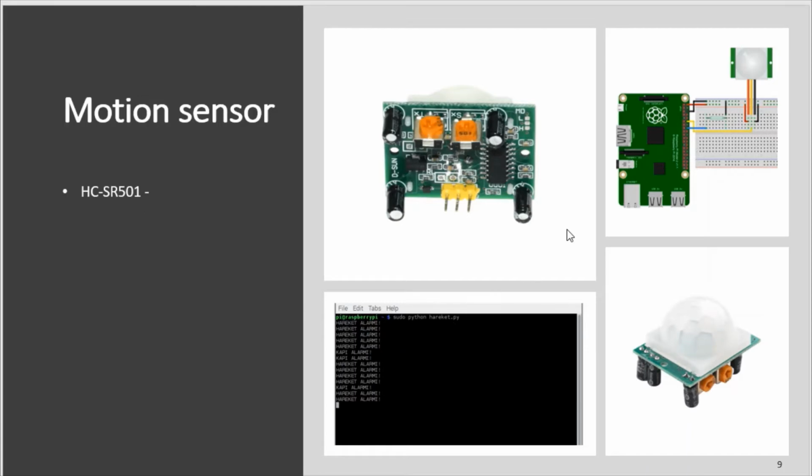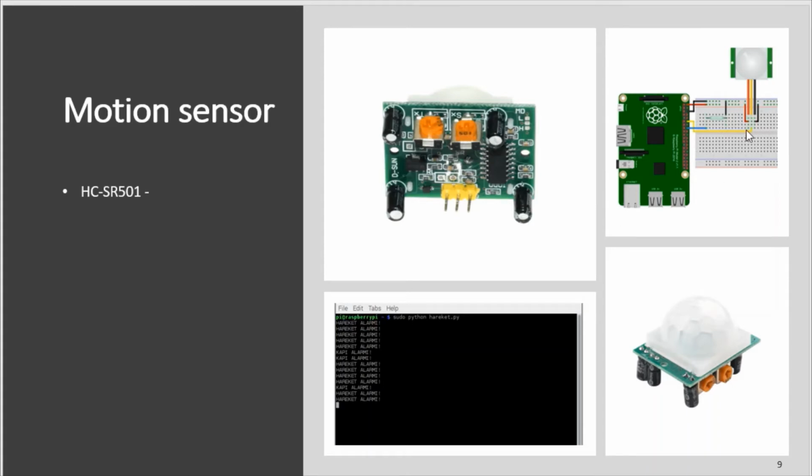This motion sensor has 3 cables. The red cable is to give 5 volts, and the yellow cable is the data cable. When there is motion, the data cable is high, I mean it gives 5 volts, and the black cable is the ground cable.